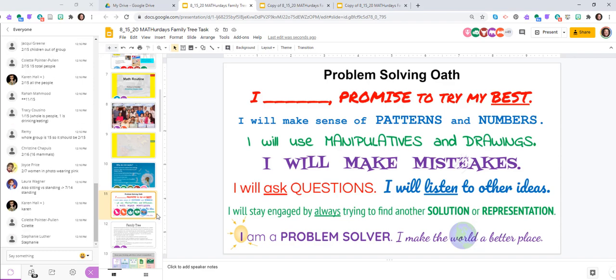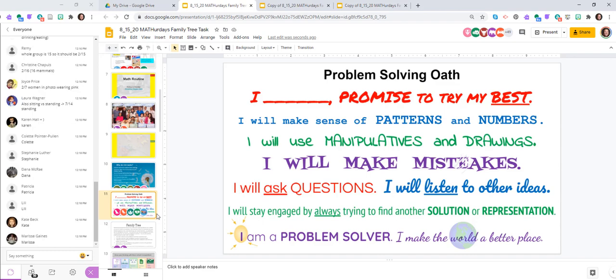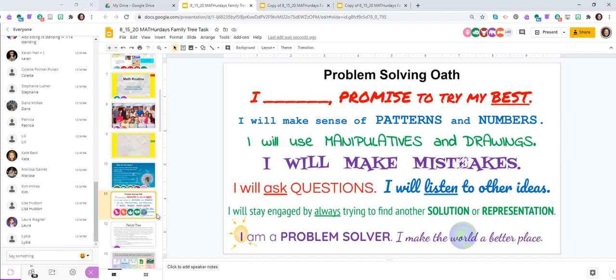I will use manipulatives and drawings. I will make mistakes. I will ask questions. I will listen to other ideas. I will stay engaged by always trying to find another solution or representation. I am a problem solver. I make the world a better place. And I'm so excited we have so many other problem solvers with us today.